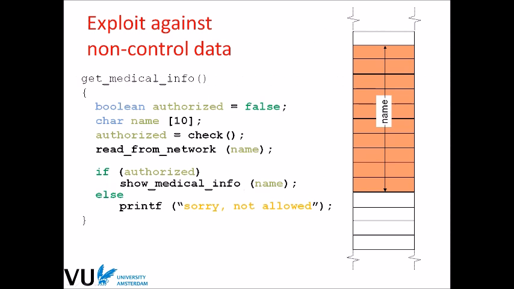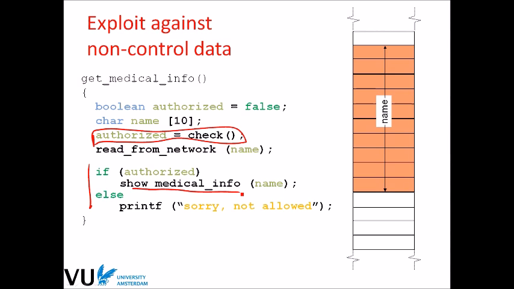Here's an example. Okay. The program is really simple. It has a small part of logic which basically reads from the network. Oh, it actually does an authorization check first. Okay. And if you're an outsider, you will not have the proper authorization to see the privacy-sensitive medical information.